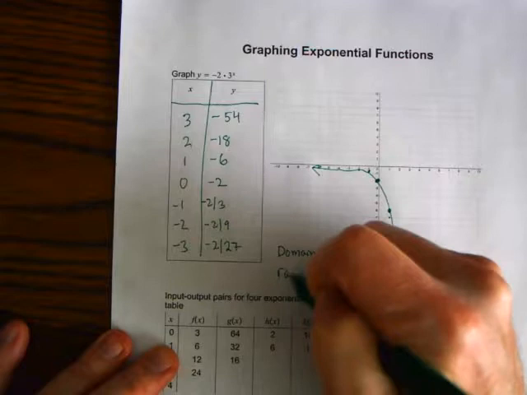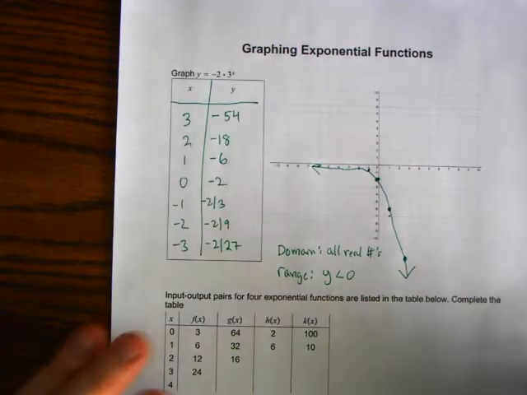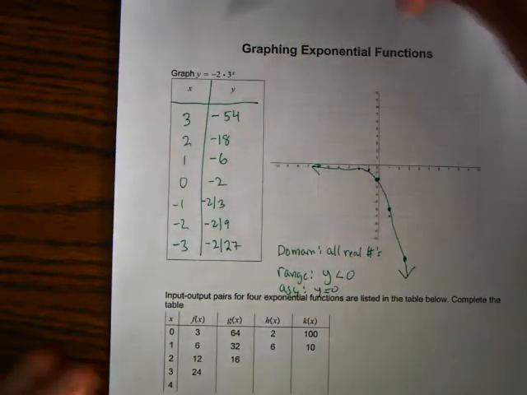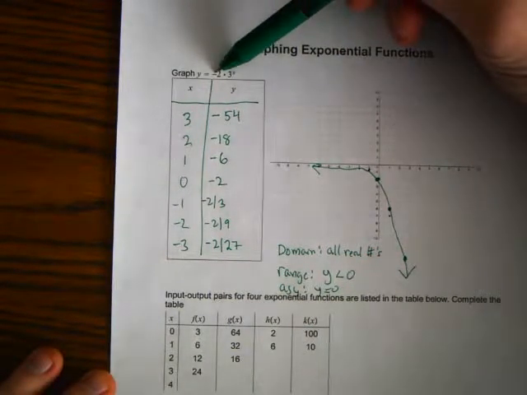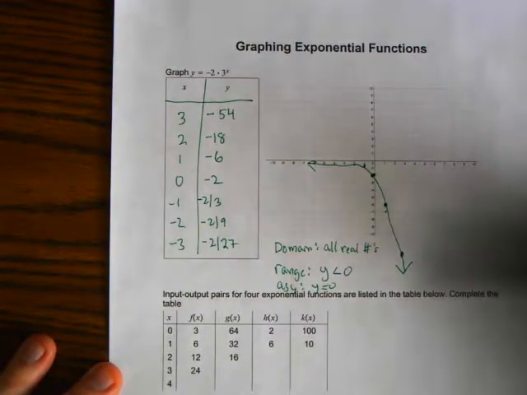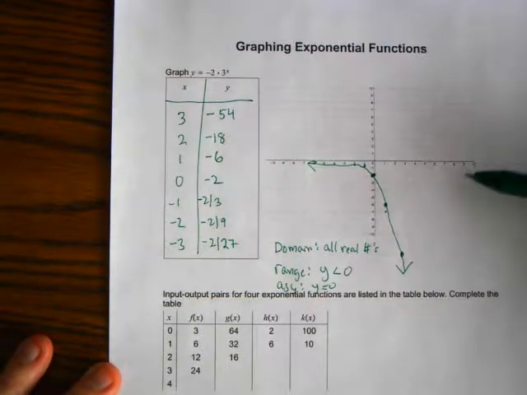The big change is the range now is y is less than 0, and the asymptote's the same, y equals 0. So if you have a negative out in front, it doesn't change the whole graph a lot. Basically what it does is what we call a reflection over the x-axis, which is a fancy way of saying just flip it over. Okay?